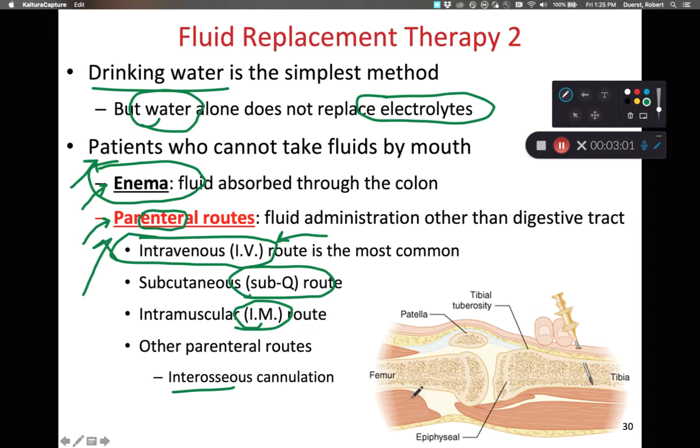The preferred interosseous method is to palpate the tibia, find the tibial tuberosity, and then 2 finger lengths below, or inferior distal to the tibial tuberosity, take a heavy gauge needle and stab it into their tibia and inject the fluid into the hollow portion of the tibia. The reason you go 2 finger lengths beneath, or I should say distal to, the tibial tuberosity is you want to make sure that you don't hit the individual's growth epiphyseal line or epiphyseal plate.